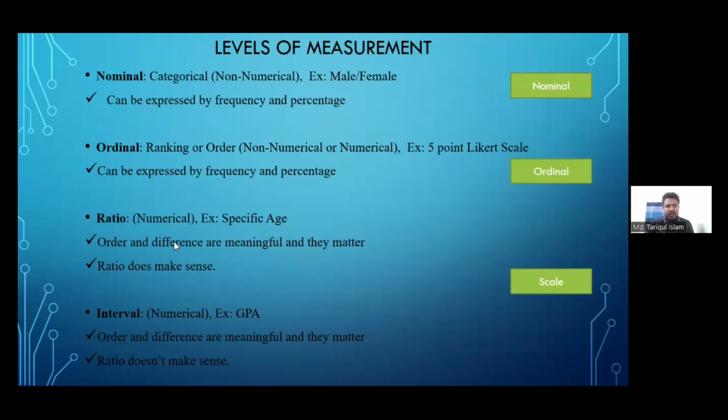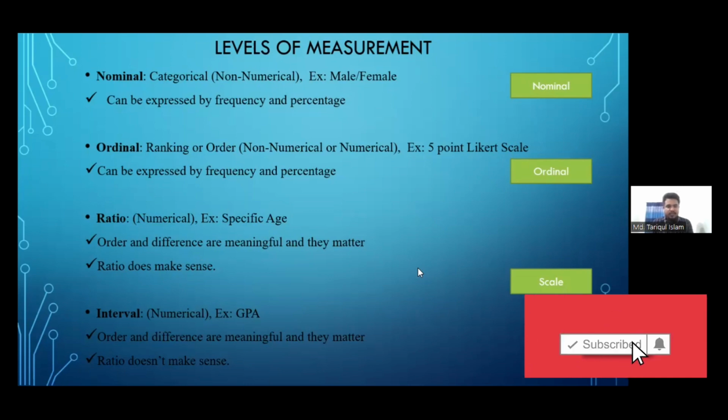The order and differences are meaningful and they matter, because we can say that the 20-year-old person is 10 years senior to the 10-year-old person. If a person is 15 years old and another one is 20, we can say there is a difference of 5 years between them. That's why ratio makes sense: the order and differences are meaningful.